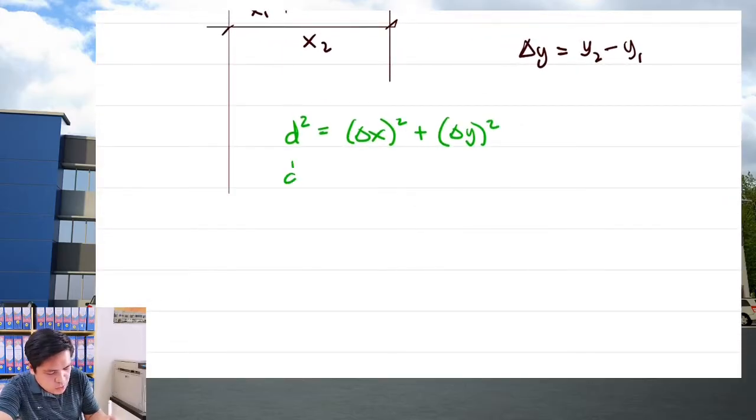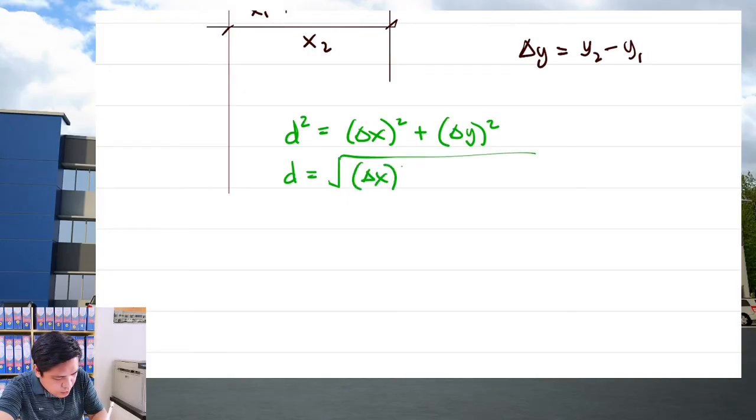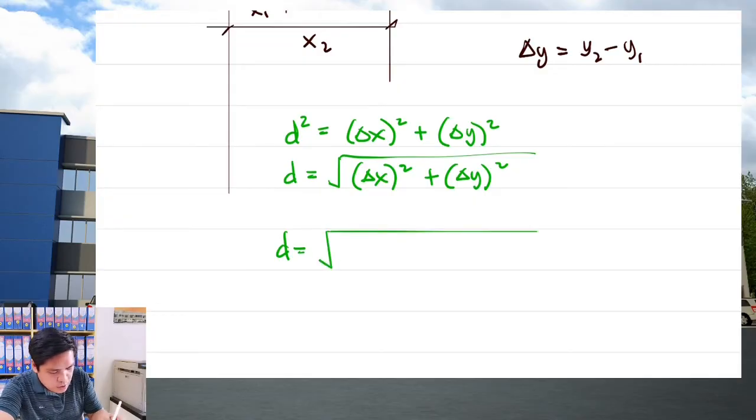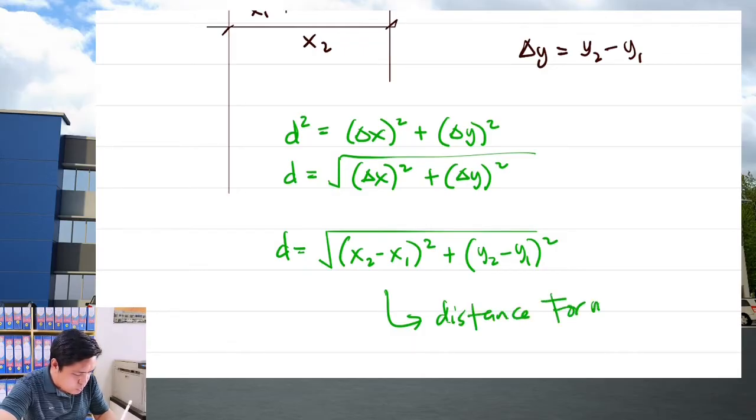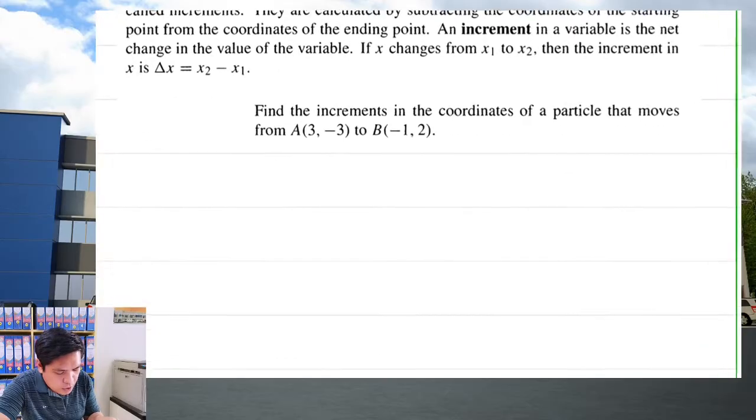Hence, we have the distance formula, which is equal to the square root of delta x squared plus delta y squared. Since delta x is x2 minus x1, we denote this as (x2 minus x1) squared plus, since delta y is y2 minus y1, (y2 minus y1) squared. So this is now our distance formula. Okay, let us now proceed to this example.